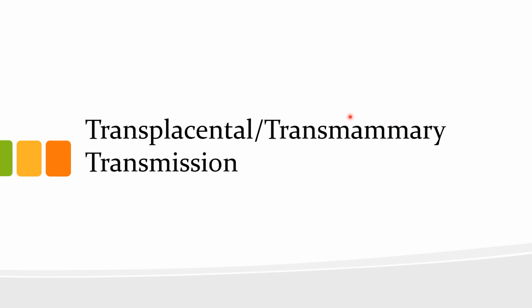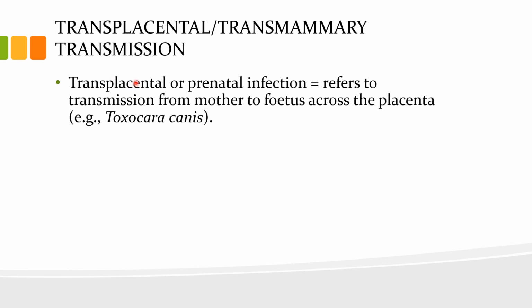The last is the transplacental or the transmammary transmission. Transplacental or prenatal transmission refers to the transmission of the parasite from mother to fetus across the placenta. An example of this is Toxocara canis.